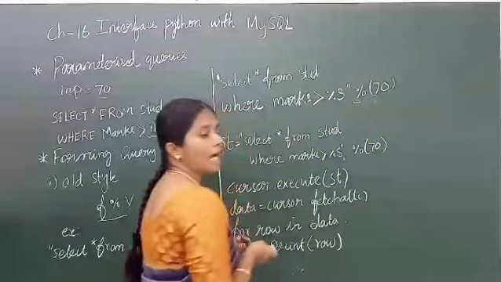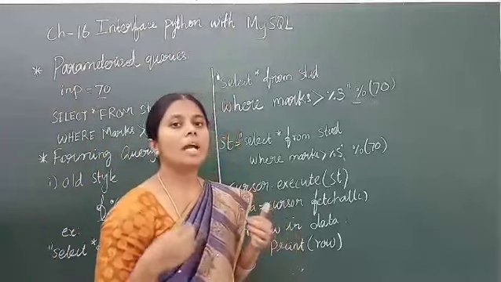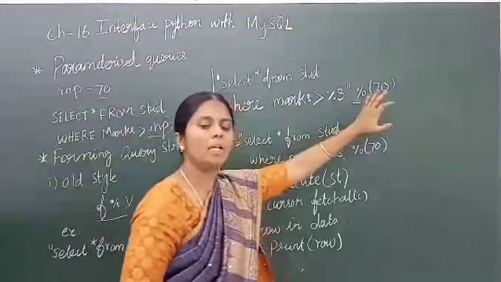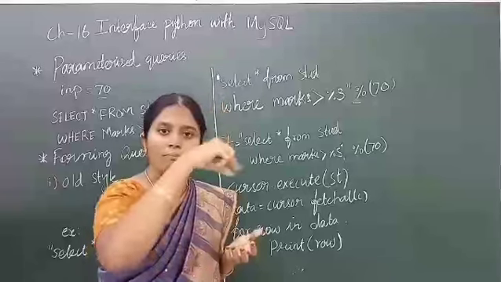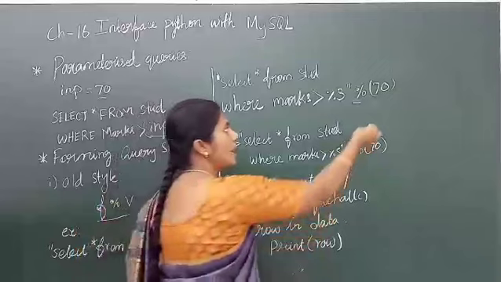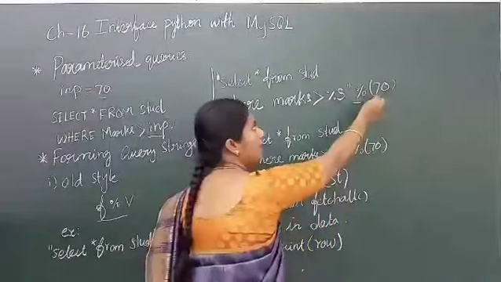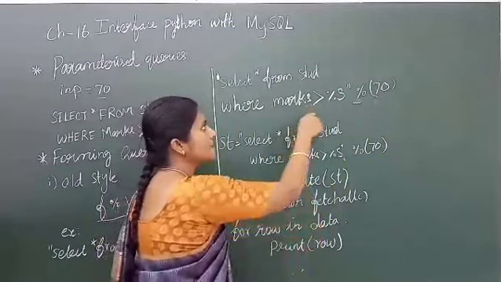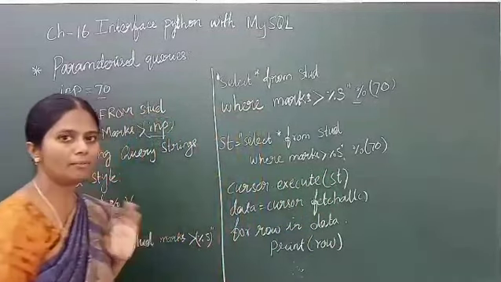If it is a single value or multiple values, you can use the tuple format, with the elements in parentheses. So you have to add the values in the format of a tuple. Now we have given the value 70, so it will check whether marks is greater than 70 in the table student. Are you clear about this?